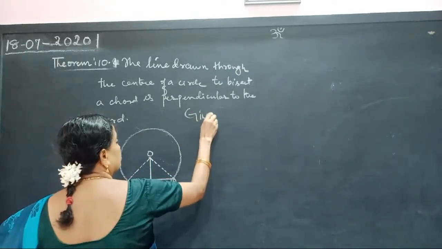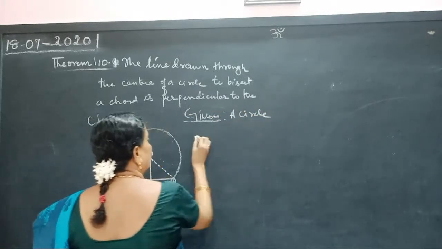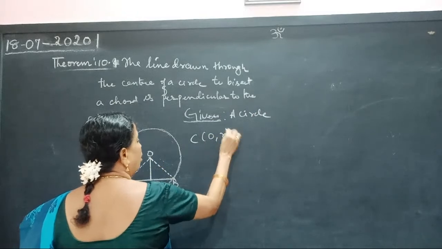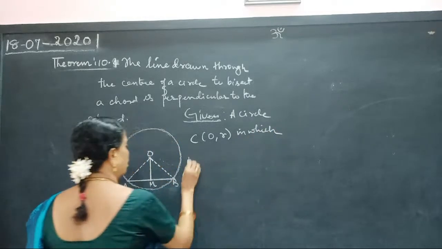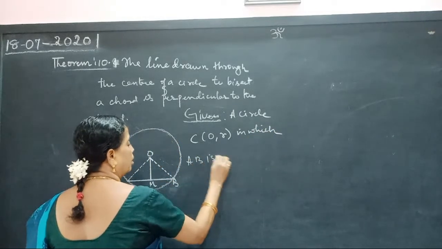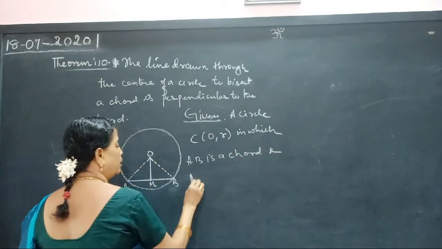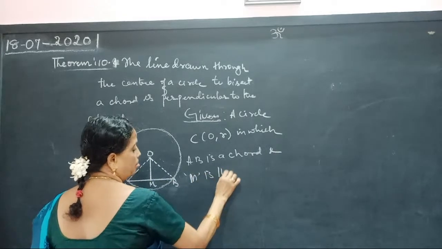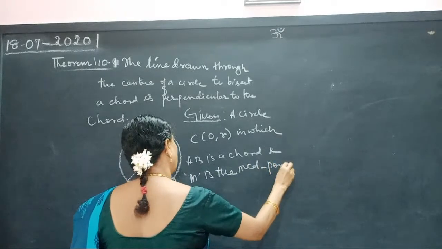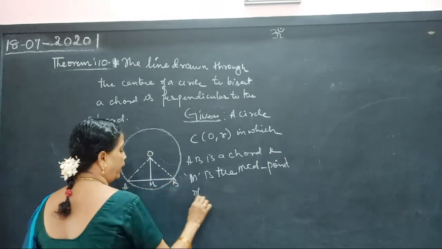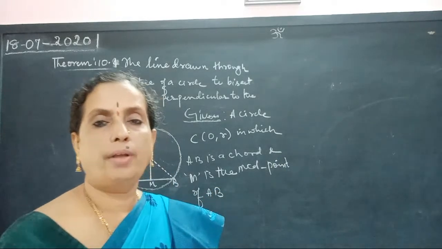Given a circle with center O, radius R, in which AB is a chord and M is the midpoint of AB.